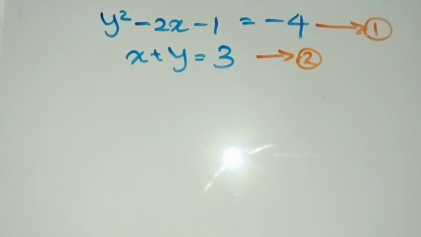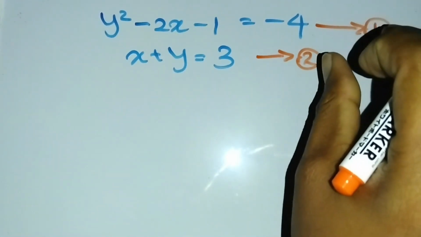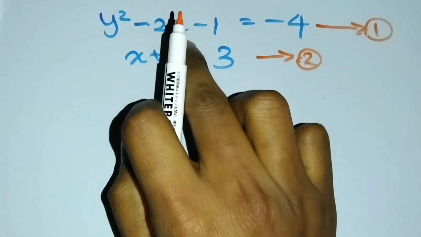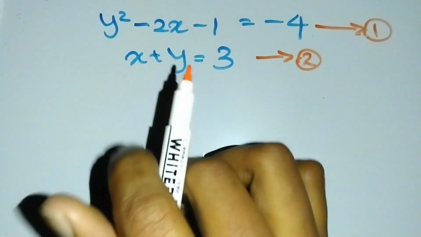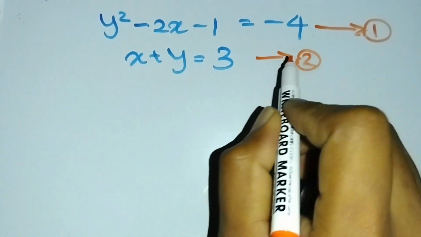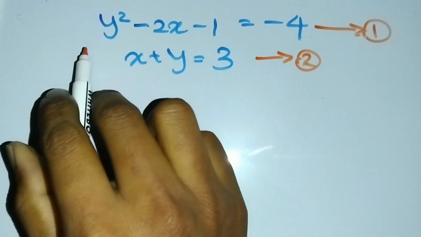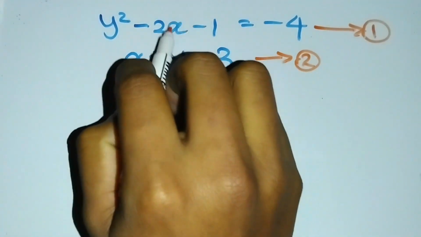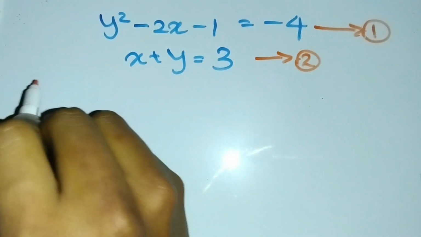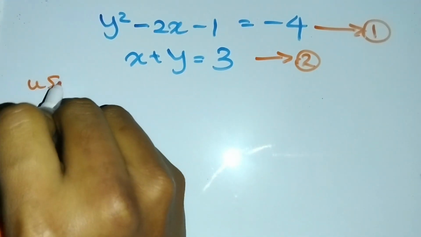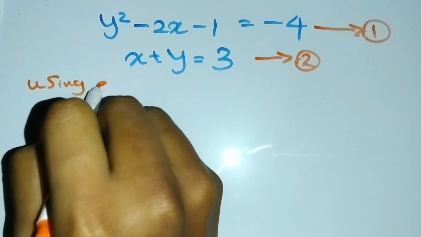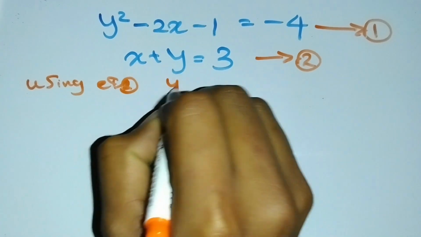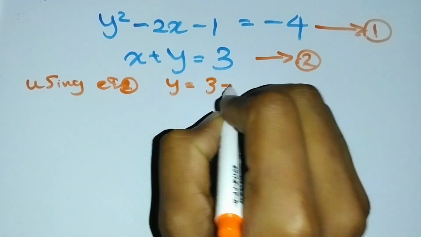Then you can see that in these two equations there is a common factor, x. So I can isolate x from the second equation, and then I can substitute that expression into this x. So using equation 2, I can derive that y equals 3 minus x.